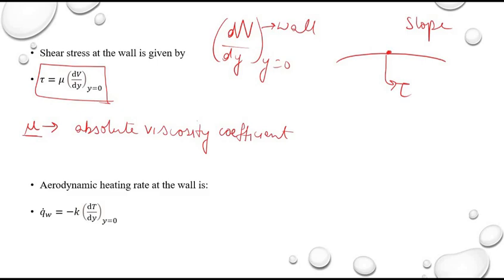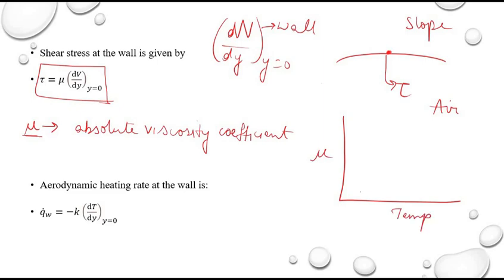Now, let us have a look at how viscosity varies with respect to temperature on a graph. For example, let us consider air initially. On my y-axis, I have viscosity and this is temperature.